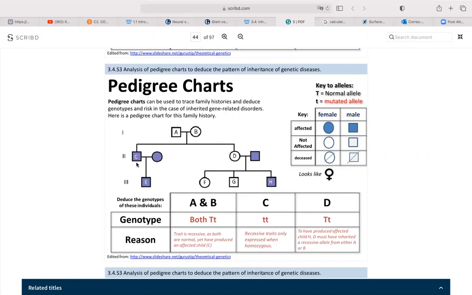And then C, this is the offspring, okay? He or she is going to have, in this case, the square is a male. He is going to have the recessive alleles, the recessive traits that are going to cause cystic fibrosis. And D, in this case, is another, remember, father, mother. These are the two kids, the offspring, C and D. Remember, A, B, parents, C the first child, D the second child. That one has T, uppercase T and lowercase t.